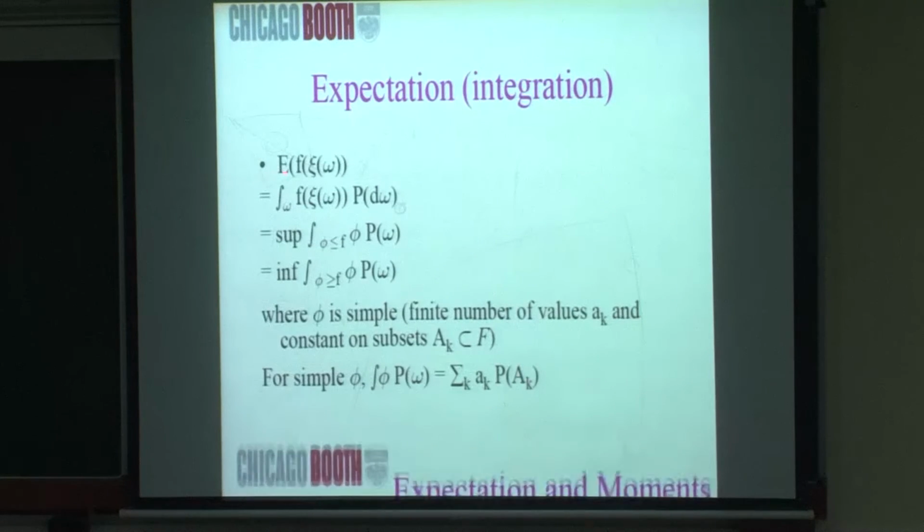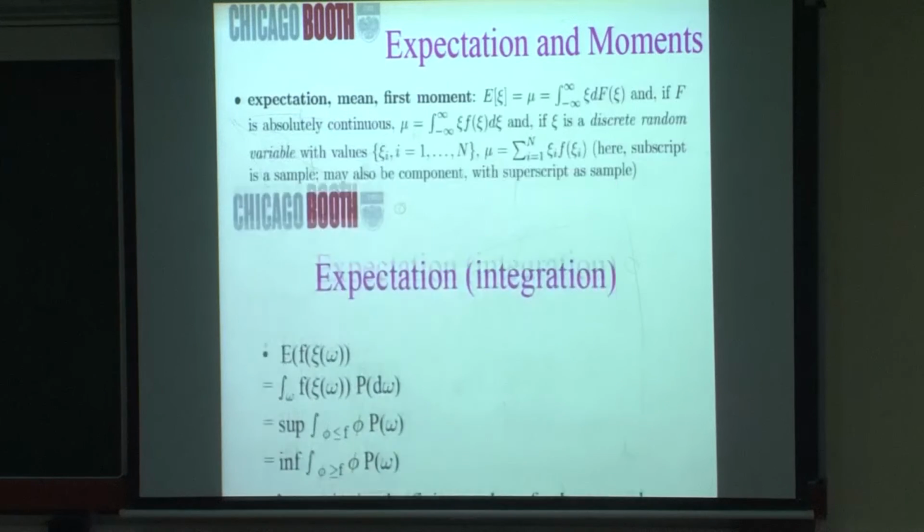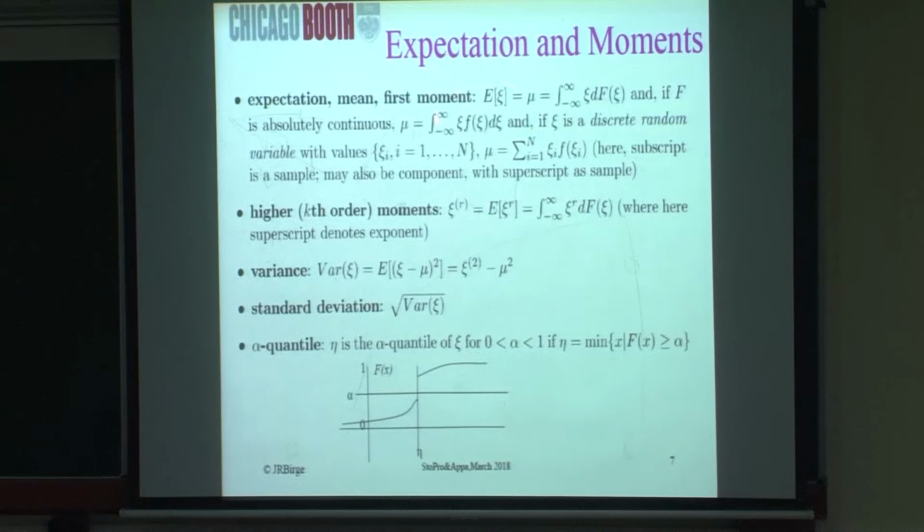The moments are anything that can be written like this. So any function of the random variable is a moment. The mean is the first moment, and then we have these power moments, and central moments like the variance. But the quantile is another kind of moment. It's related to the alpha probability moment.